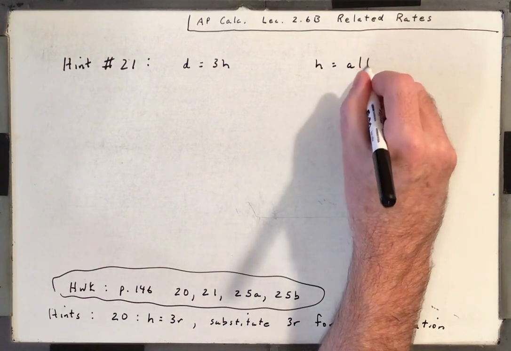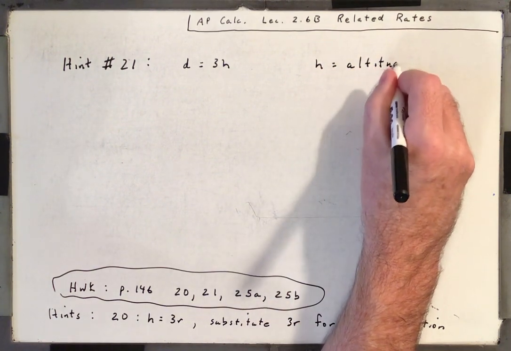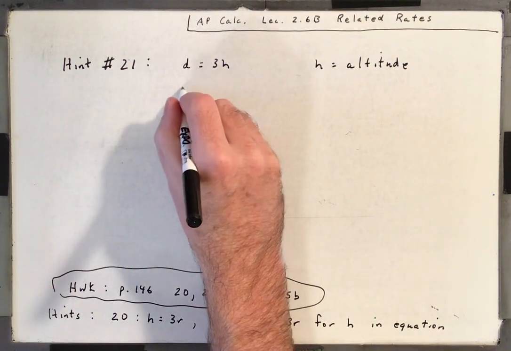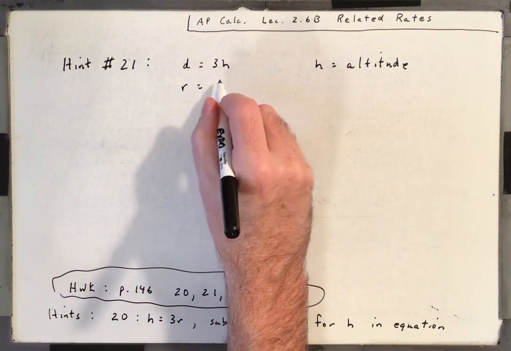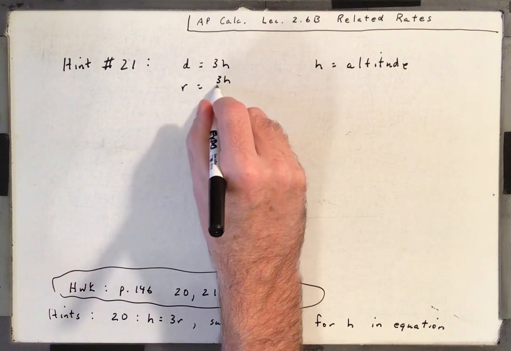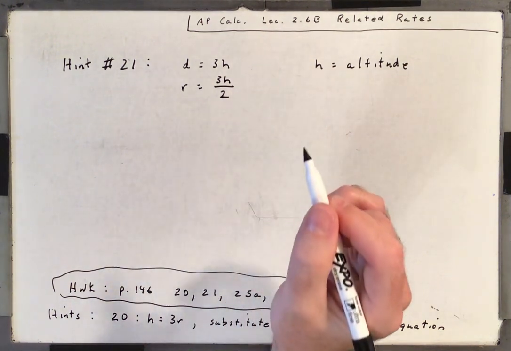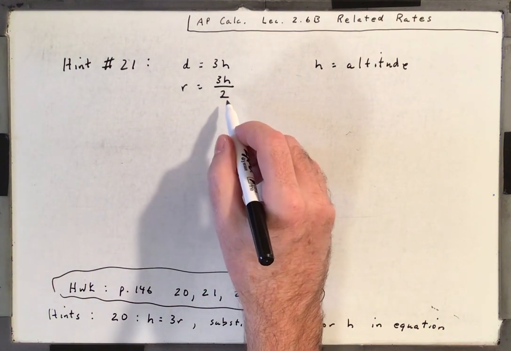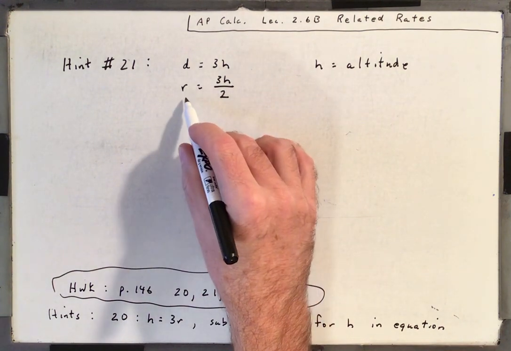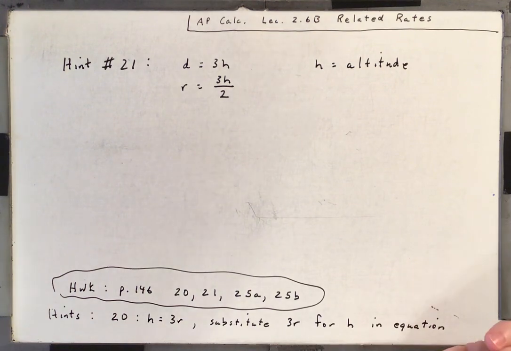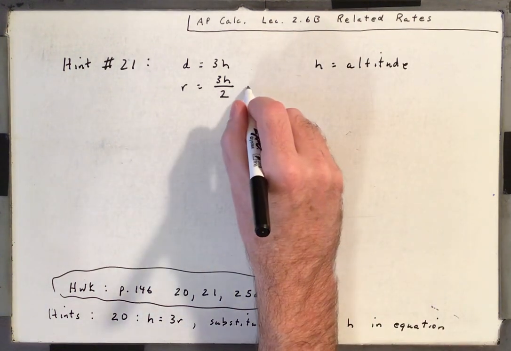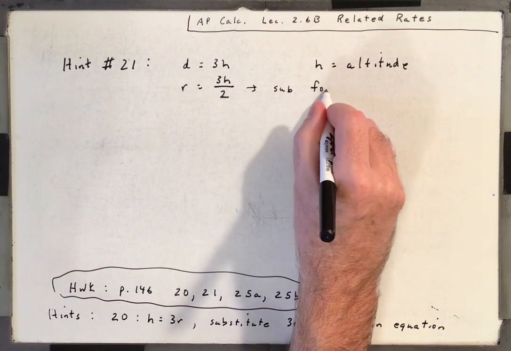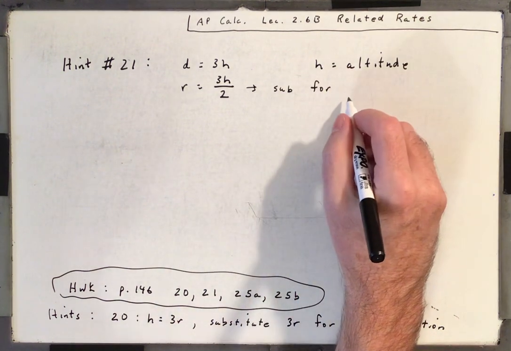So h is equal to the altitude. So you need radius, not diameter. So we know that radius is going to be 3h over 2. So you'll substitute 3h over 2 for r in this case. And then you can take the derivative. You don't have too many variables there.